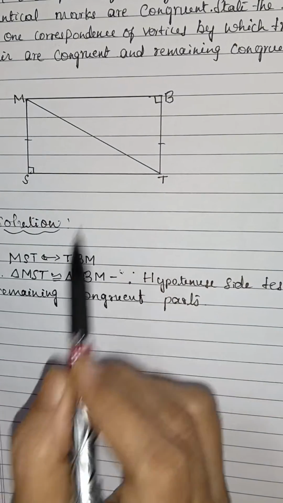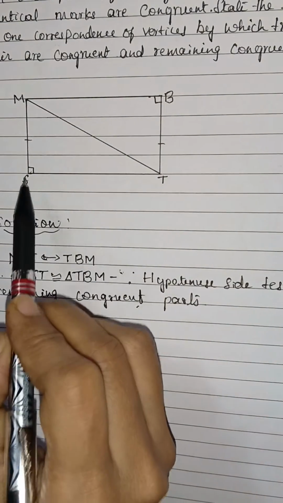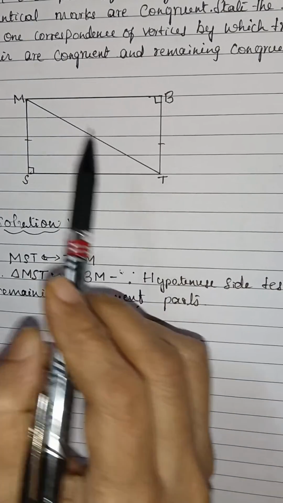Now the remaining congruent parts: side ST is congruent with side MB.